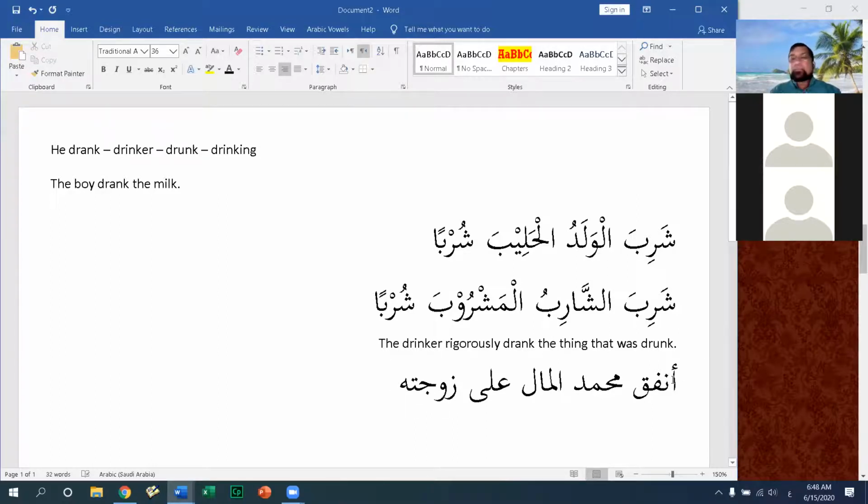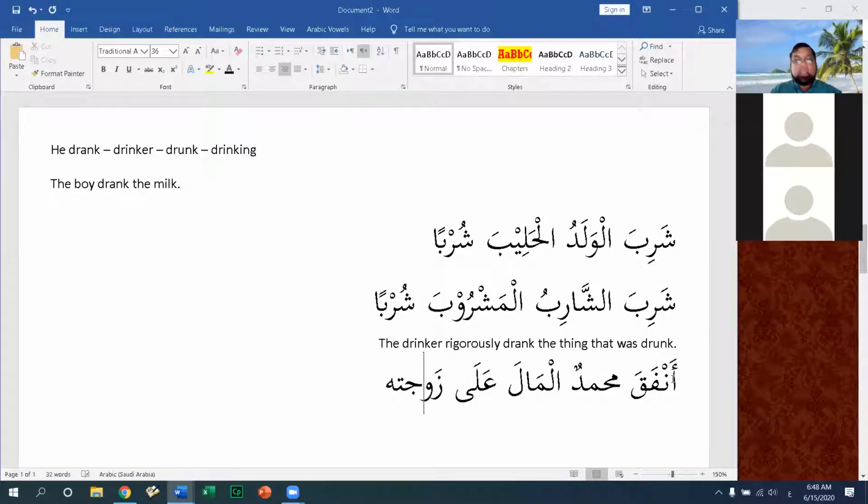Okay, so I'll put in the vowels here so you all can read it easily. أنفق محمد المال على زوجته.